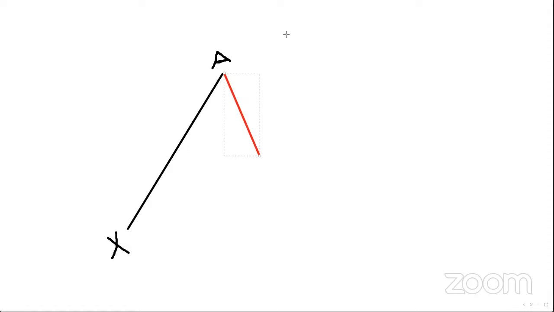Then we have BC. So from B here, this is B, the market goes upwards to make what we call the point C. So we have here BC. This BC is a price move that should be opposite to AB, goes in the different direction, and it should be 38.2 or 88.6 of the AB move.